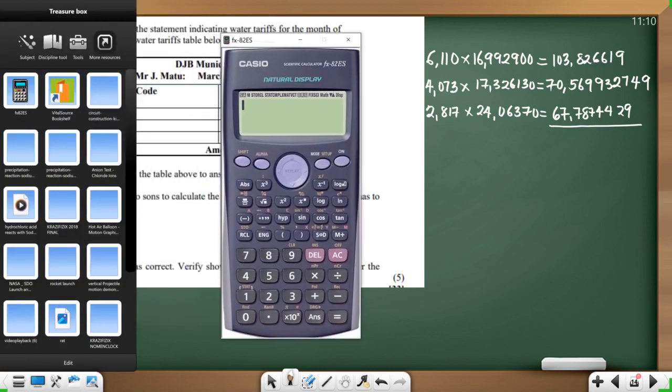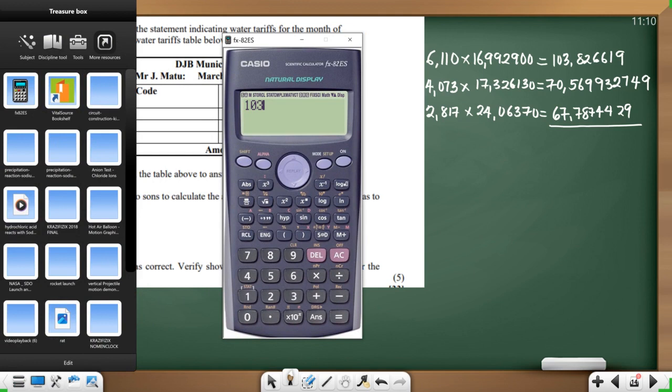Add the total. 103,826,619 plus 70,569,932,749 plus 67,687,4429. Okay, what's the total amount?